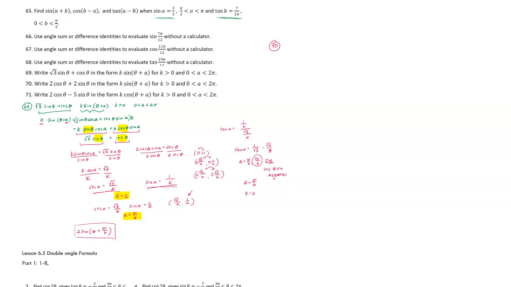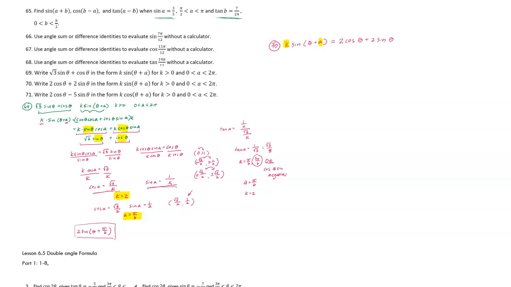Number 70 tells us to first find k times sine of theta plus a. So I need to find k and I need to find a. I need to fill those in. And that equals 2 cosine of theta plus 2 sine of theta.